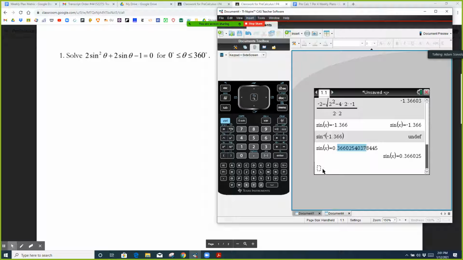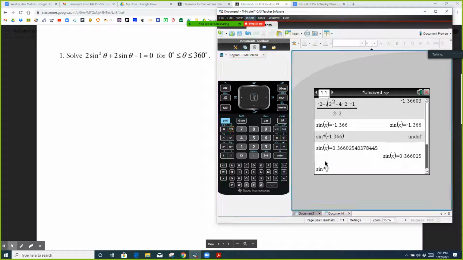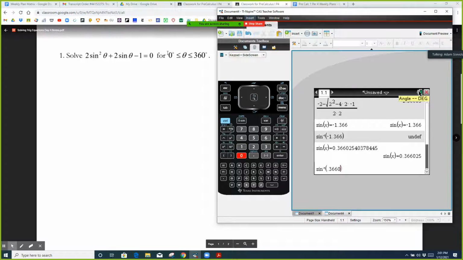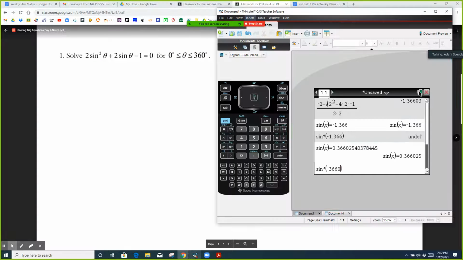Now, if I'm figuring out what angles you take the sine of to get this ratio, I need to do the sine inverse of that ratio, which is 0.366. And my calculator is in degrees, and I know it should be in degrees because this part of the question tells me I'm looking for angles in degrees.